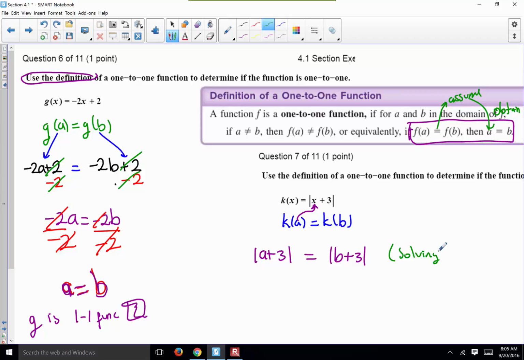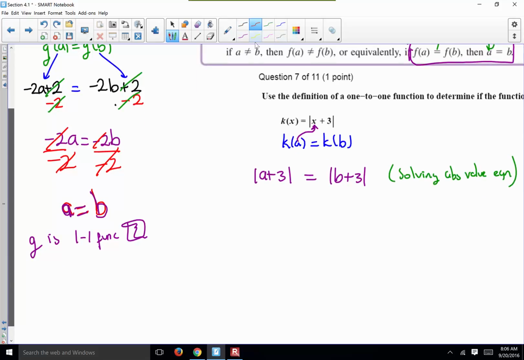We've done a question like this in the past, solving absolute value equations, in section 2 point something. If two absolute values are set equal to each other, how do we clear these absolute values? How?